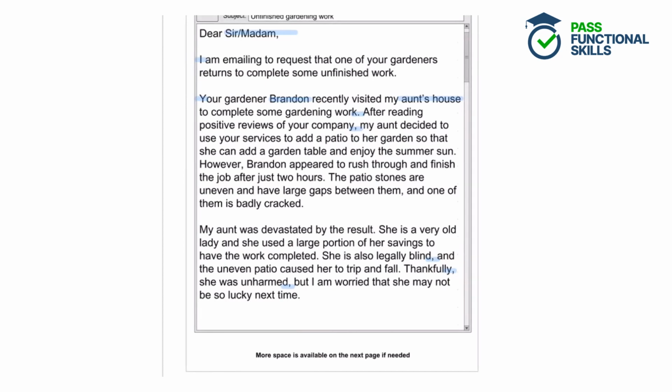So you need to make sure that each sentence makes sense on its own and all of your verbs and nouns are agreeing with each other. So for example, it says, thankfully she was unharmed. Now if we were talking about multiple people here, say you had 3 different aunties and they all managed to fall, you would say, thankfully they were unharmed.